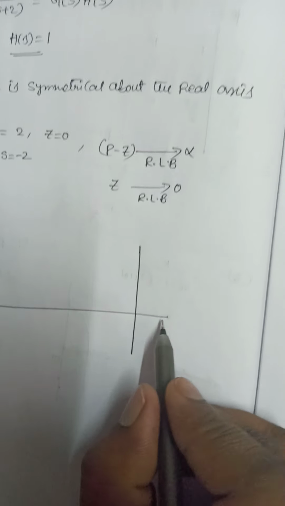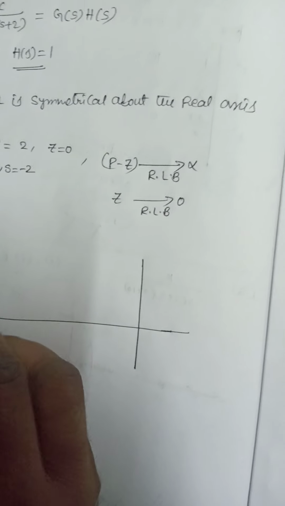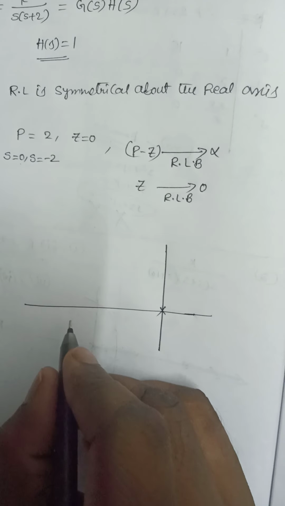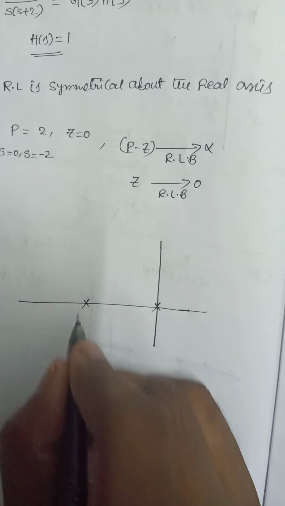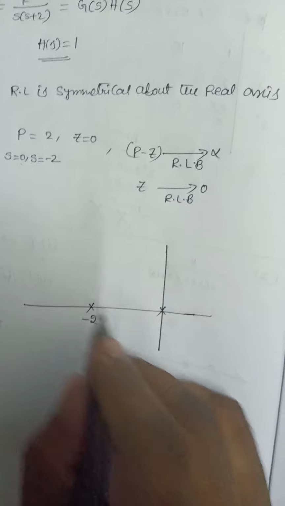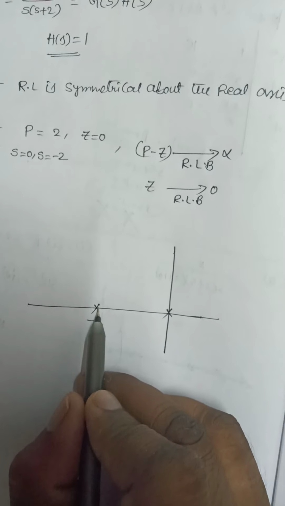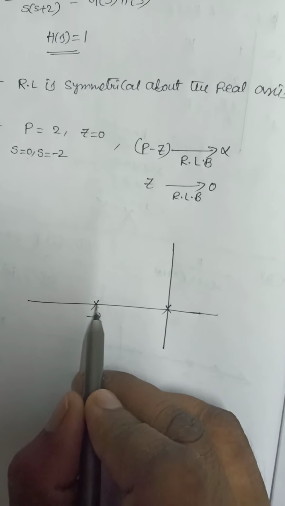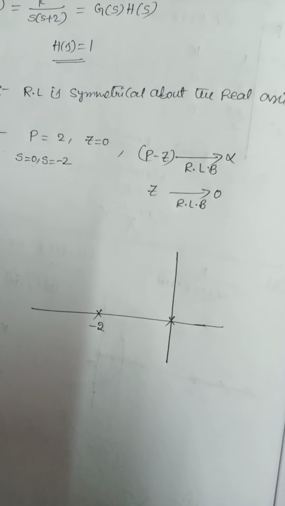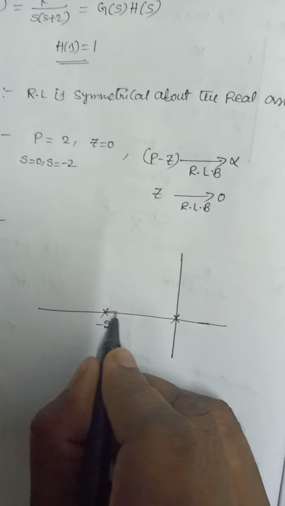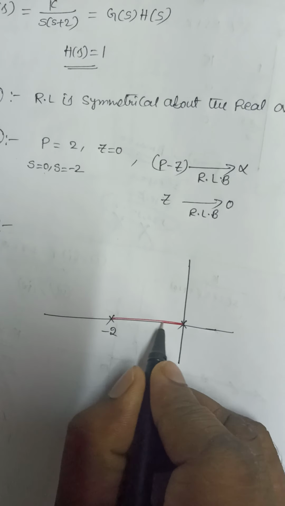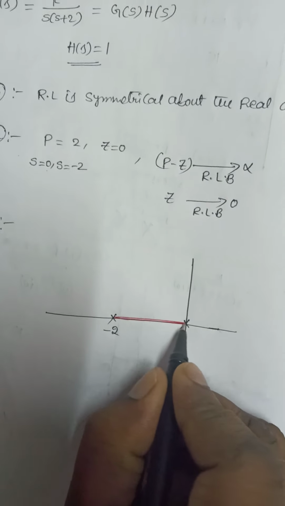At s = 0 there is a pole, and at s = -2, let us assume it is -2, there is a pole here. The root locus branch on the real axis will exist like this, in between these two poles.